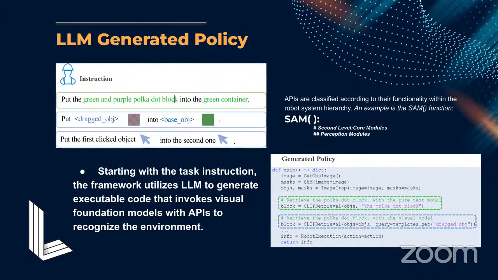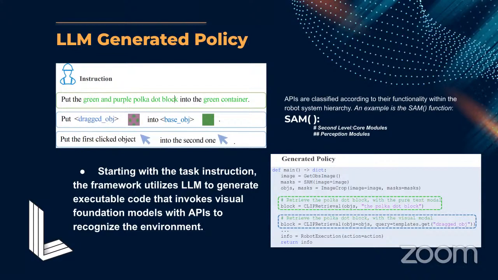So here I'm just giving an overview of the LLM generating policy. We can see here that by starting with the task instruction that's basically given by the user, the framework will utilize the LLM to generate executable code. That code then would invoke visual foundation models with APIs to recognize the environment.